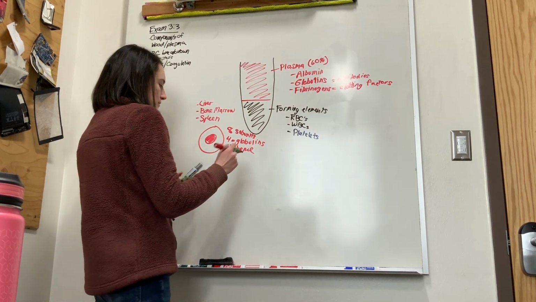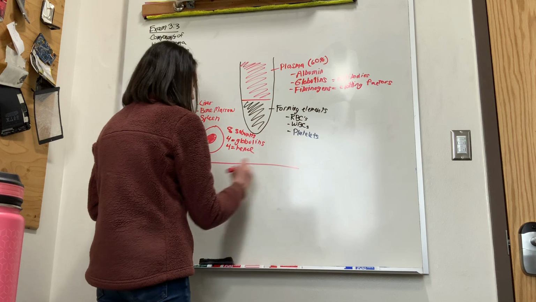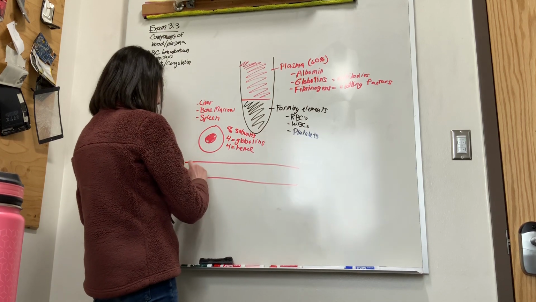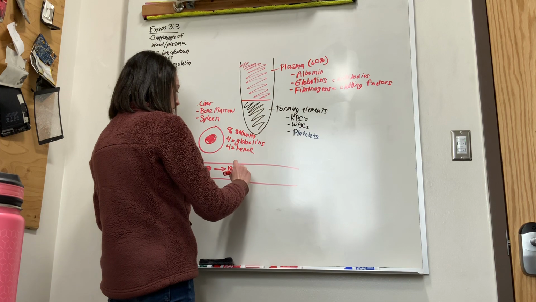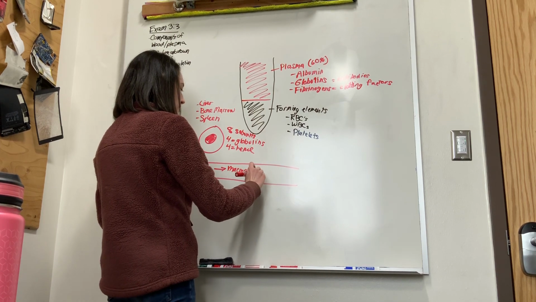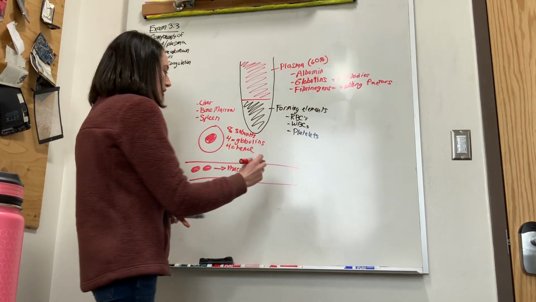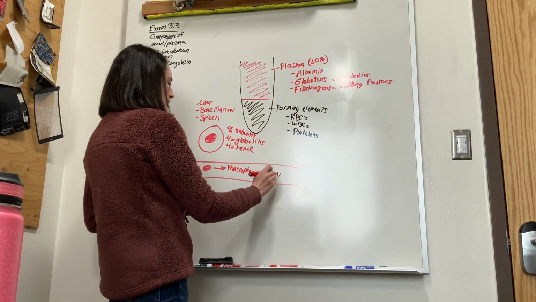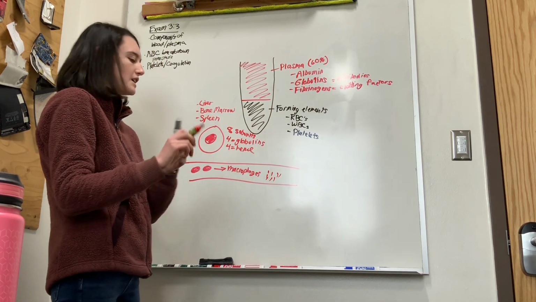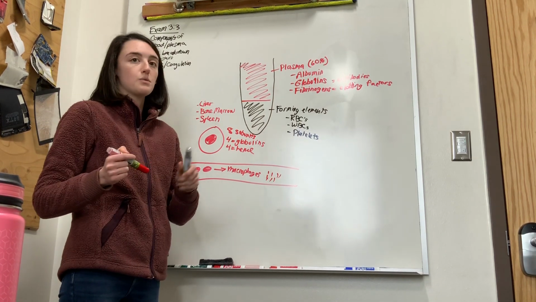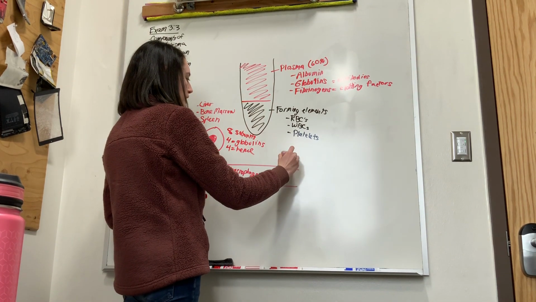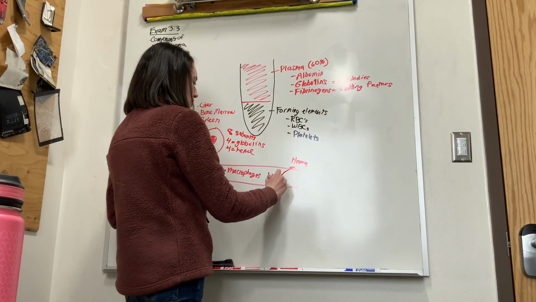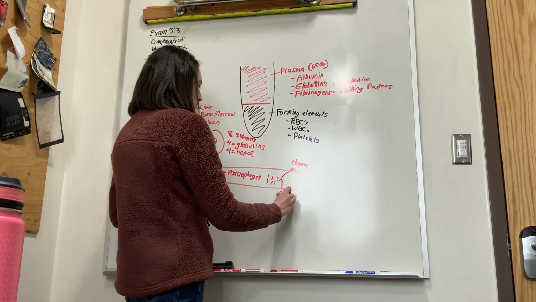Now, when we break down our red blood cells, they're broken down by macrophages, which is a white blood cell that basically just eats stuff. All of those components, globulins and heme, are going to be separated into their parts.